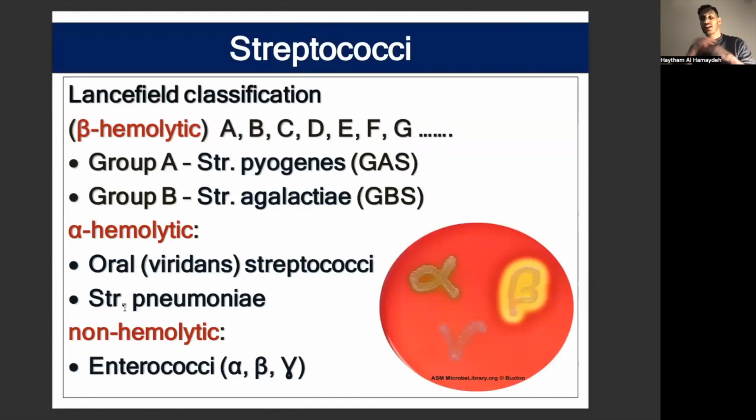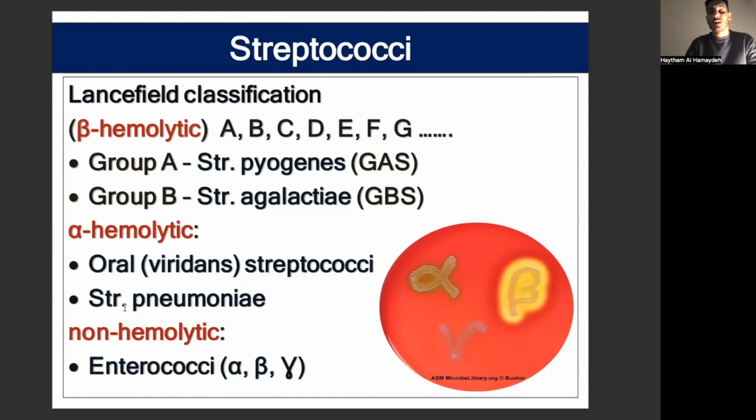Next, this is the second family we're talking about. It's Streptococci, very famous for differentiating between its family members using hemolytic activity. There are three groups here that we are going to categorize the bacteria into. First is the beta hemolytic, the alpha hemolytic, and the non-hemolytic. The beta hemolytic, we have two, which is the Streptococcus pyogenes and the Streptococcus agalactiae.